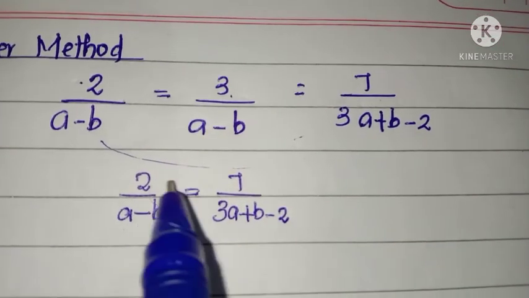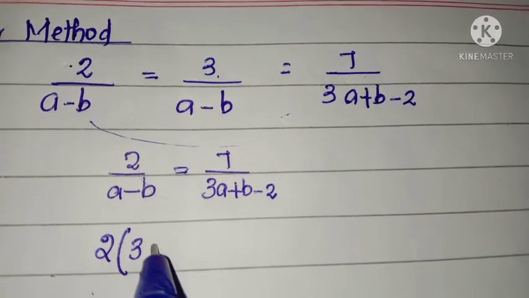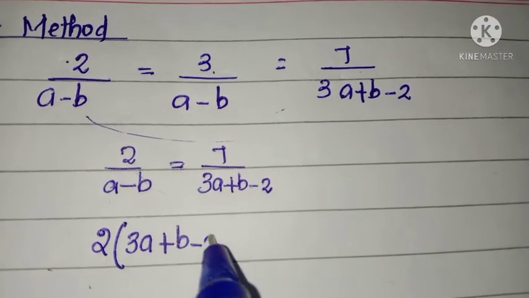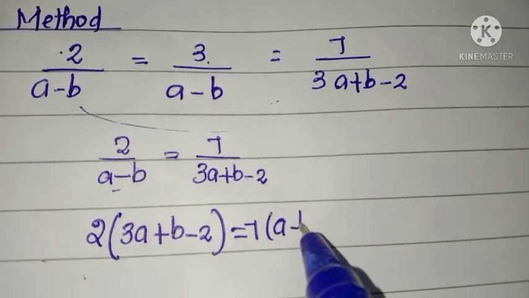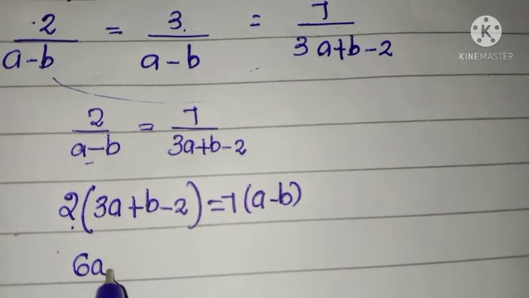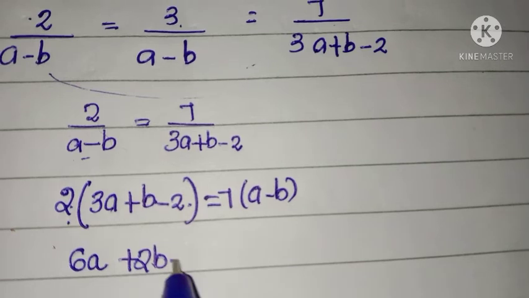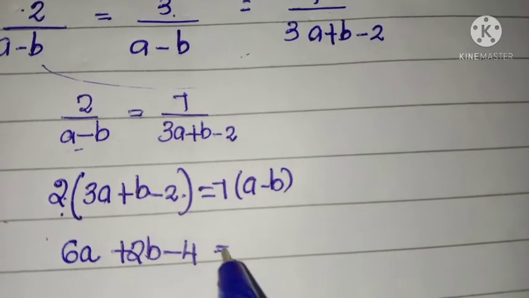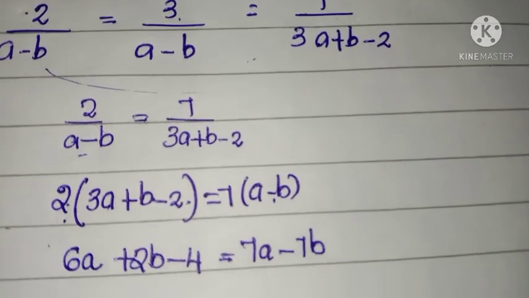Taking cross multiplication here, so 2 into 3a plus b minus 2 equal to 7 into a minus b. Now open the bracket. 2 into 3a is 6a plus 2 into b is 2b, 2 into minus 2 is minus 4, equal to 7 into a minus 7 into b.